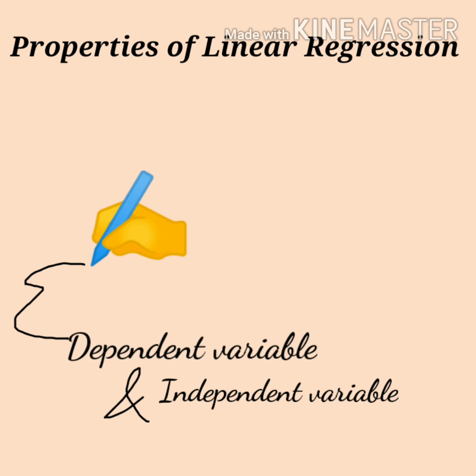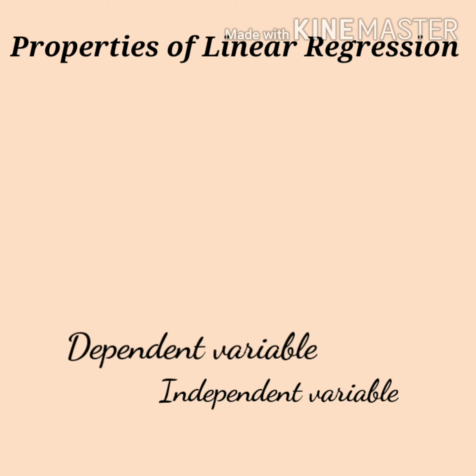So today we will just discuss the simple linear regression, where we will get only two variables. One is the dependent variable, another is the independent variable. So here we will just consider two variables.